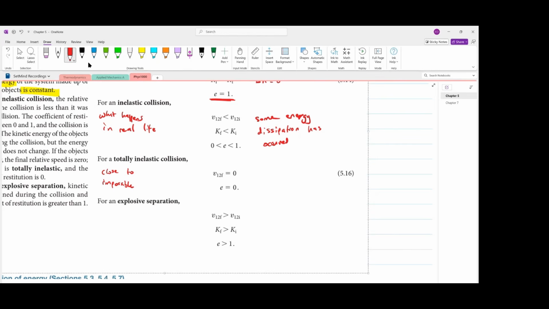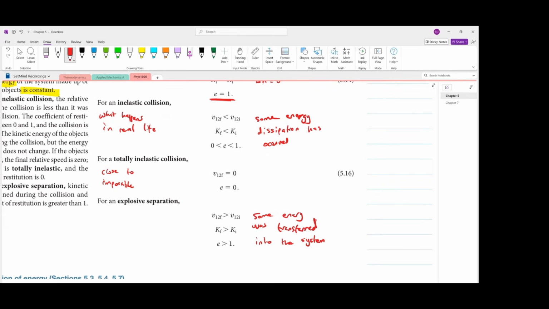Because for you to get an explosive separation, you have to put in some energy, right? So I would say some energy was injected. That's not a good word, but anyways, injected into the system, right? Was transferred into the system.